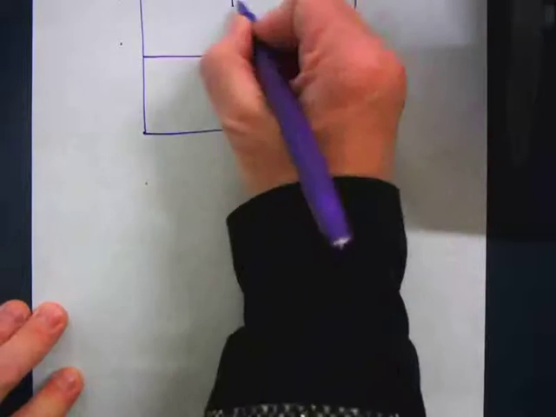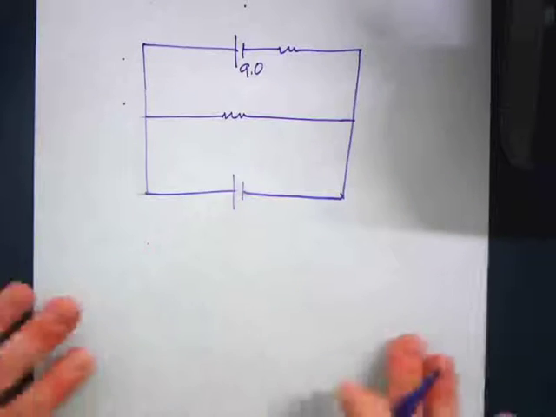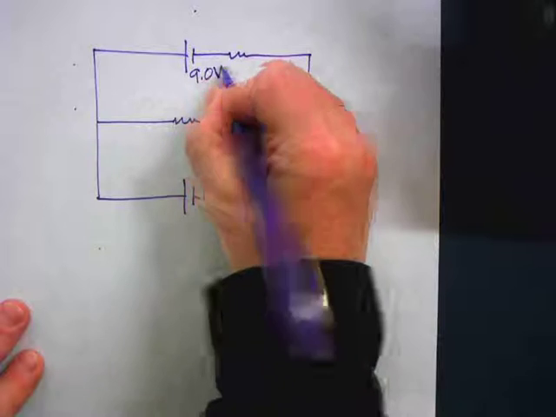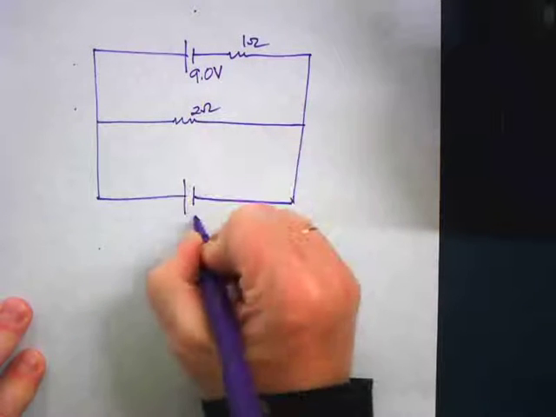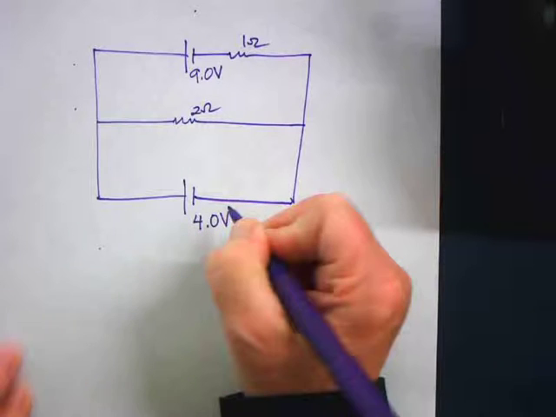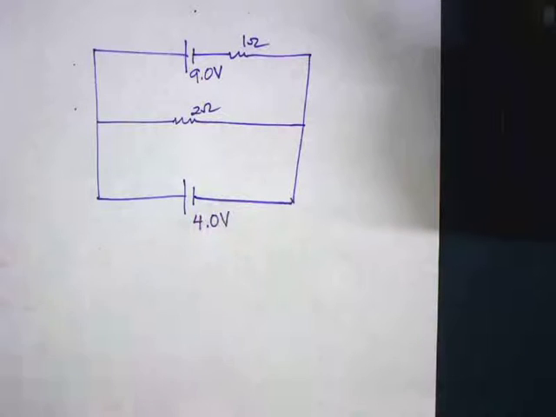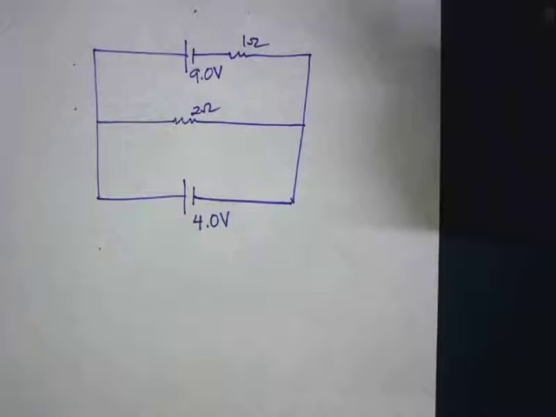There are a couple of right answers for this, depending on how you set it up. 9 volts, 1 ohm, 2 ohms, 4 volts. I made this one almost too simple because there were a couple different ways you could solve it.